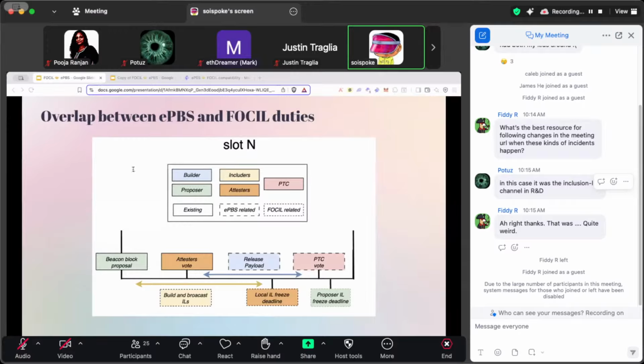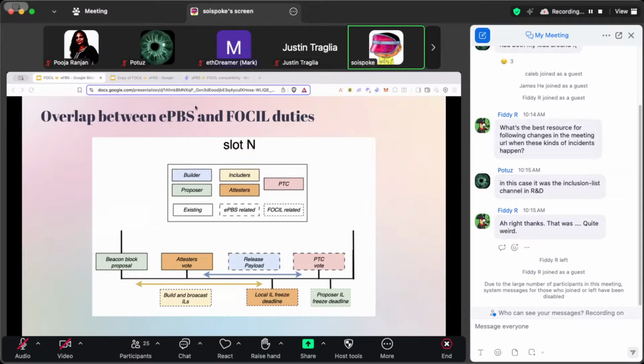Right now, on this different diagram, I actually added every duty that has to be done for different reasons in a given slot. The full line duties are the ones that already exist. The larger dashed boxes are EPBS related, and the smaller dashed boxes are FOCIL related.